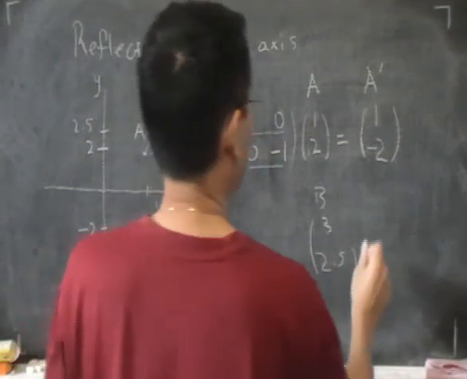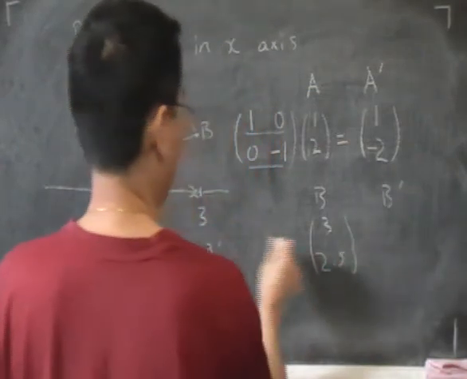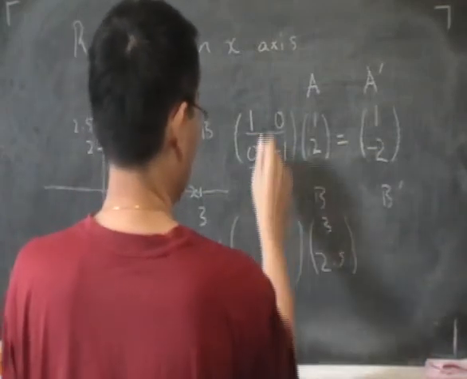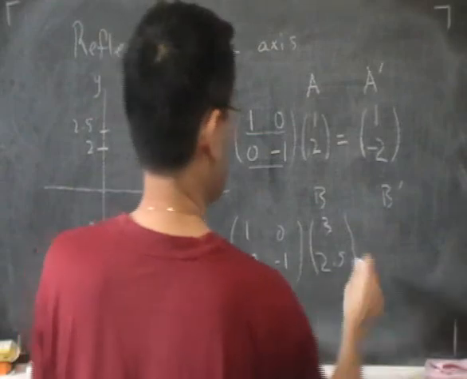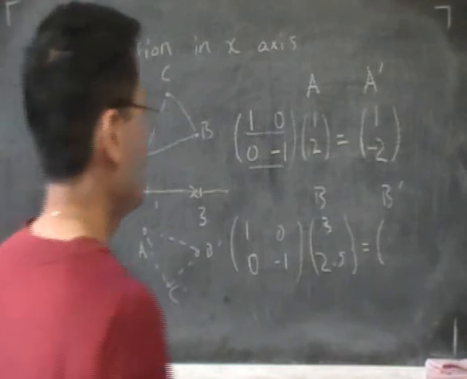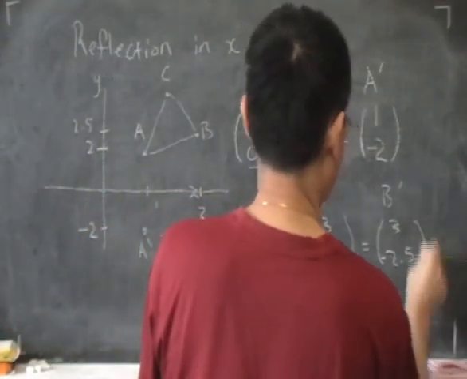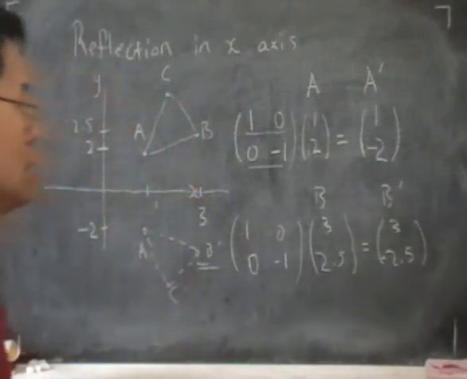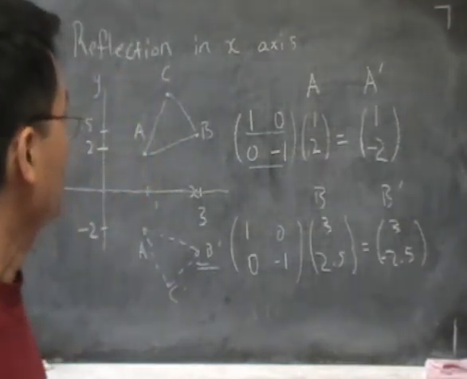I can find a new position B prime if I multiply the vector B by the same matrix, 1, 0, 0, minus 1. And you'll find that the answer, when you carry out the multiplication, is 3 and minus 2.5. And that gives the position of B prime. So that's the idea of using a matrix.